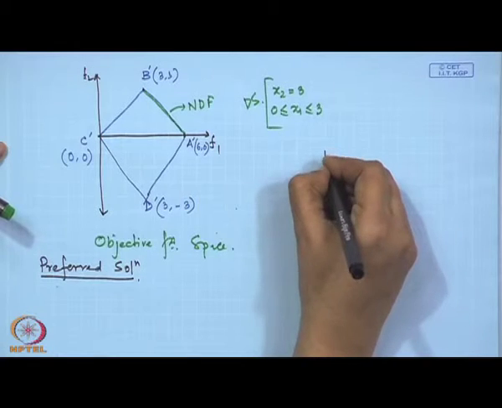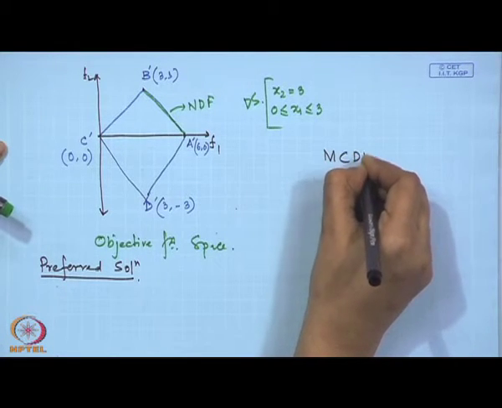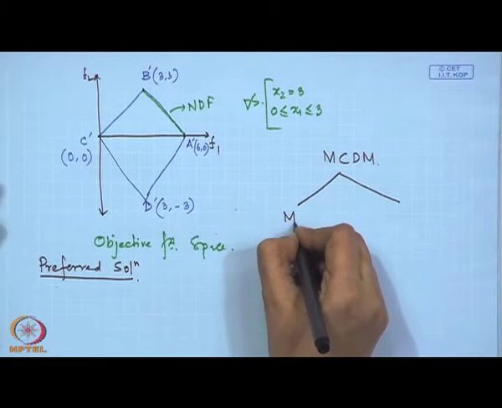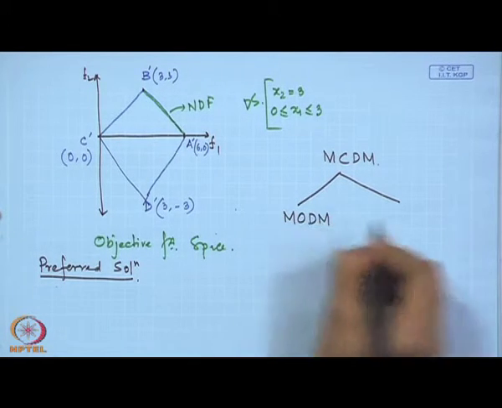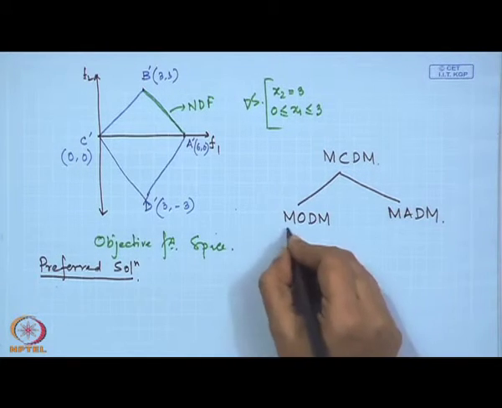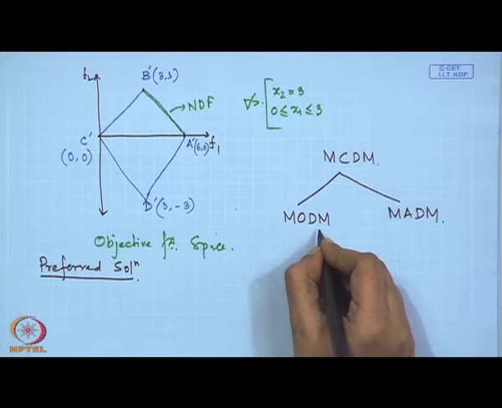But in general, the multi-criteria decision making problem is classified into two types. One is the multi-objective decision making problem and another is the multi-attribute decision making problem. In multi-objective decision making, we have an infinite number of alternatives.